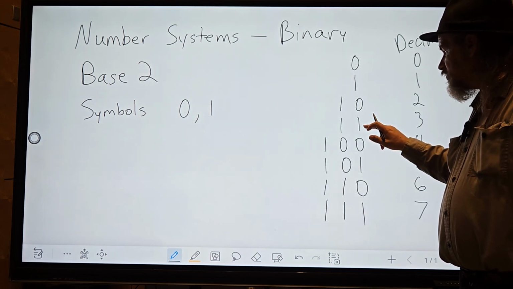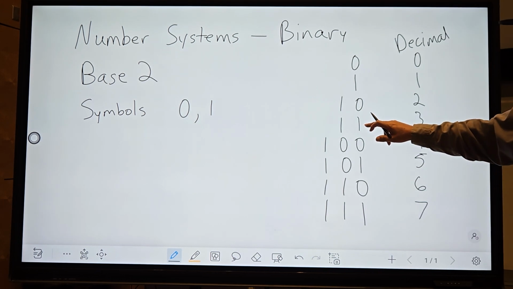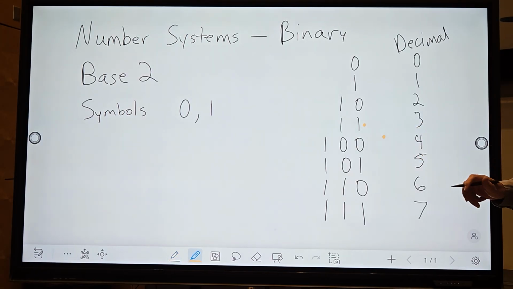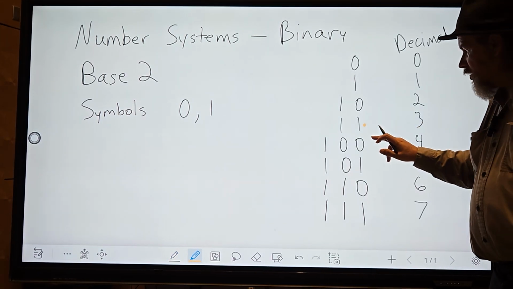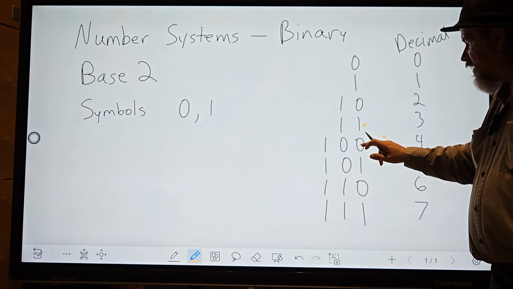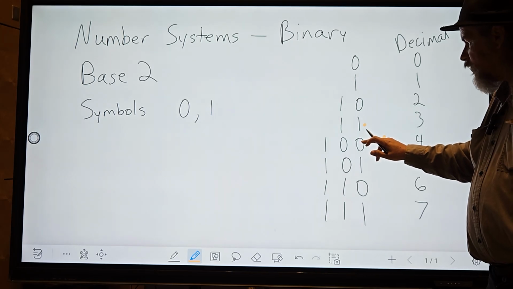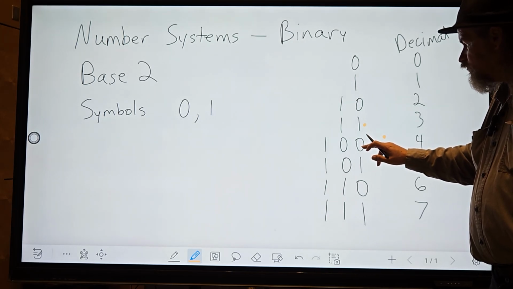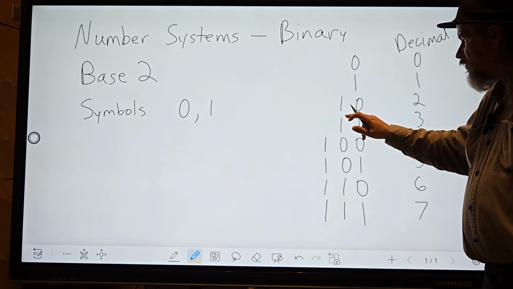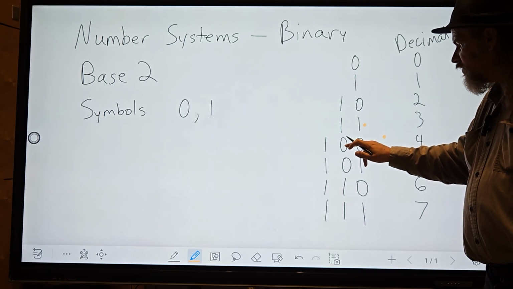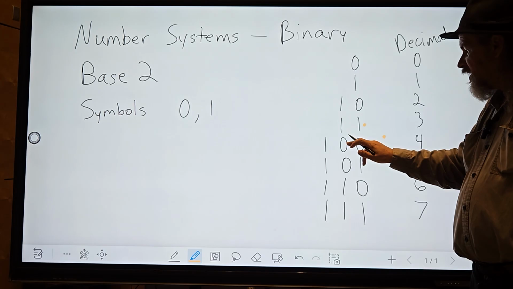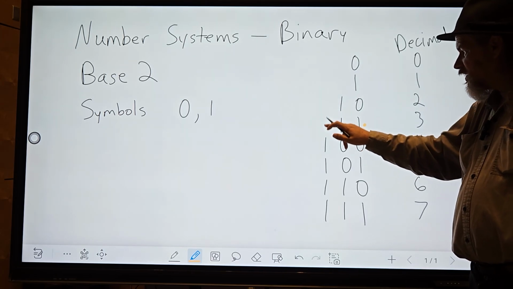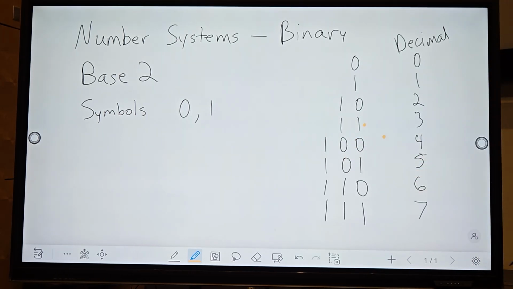Add 1 to get 11. Add 1, you roll over to 0, carry the 1. 1 plus 1 is 2, which is not possible. So you do 0, carry the 1, and then a 1. Okay?